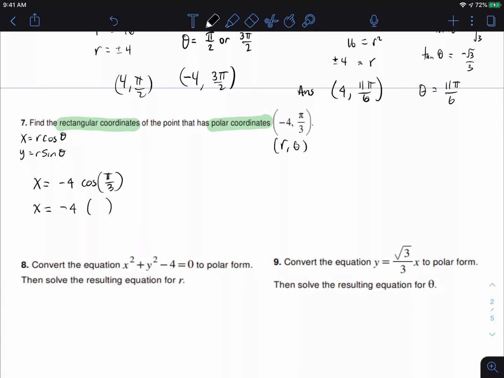Now, what is cosine of pi over 3? Those unit circles that I've given you guys should be out and being used. It should be 1/2. And so as I clean this up, my x is going to be -2. Now I got to find my y. So y is -4 sine of pi over 3. And sine of pi over 3 is what?